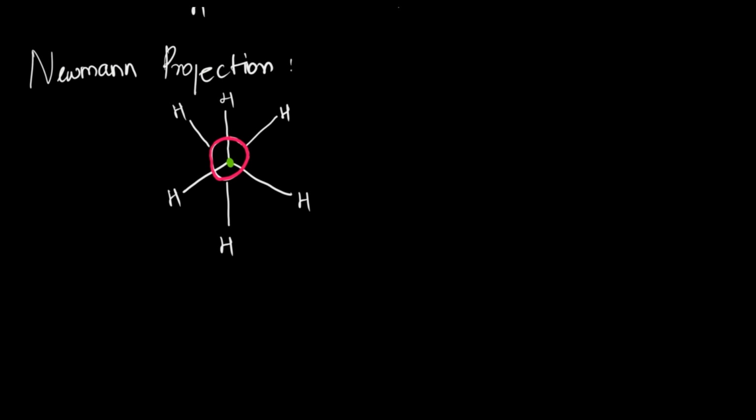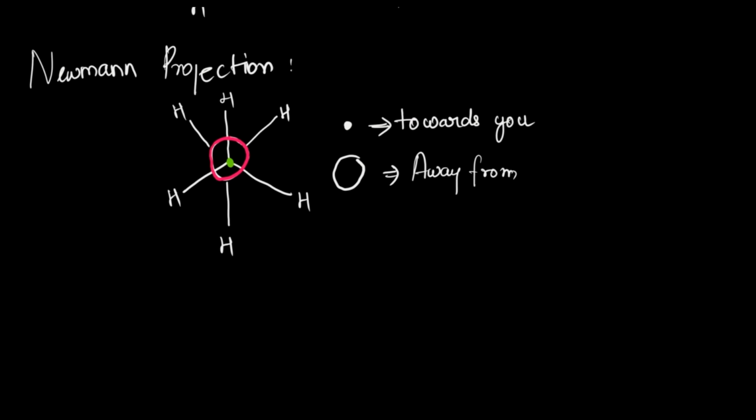The dot represents the groups attached near to the eye, towards you. The circle represents away from you, behind the plane. That is the rear carbon. Okay, so that is Newman projection.